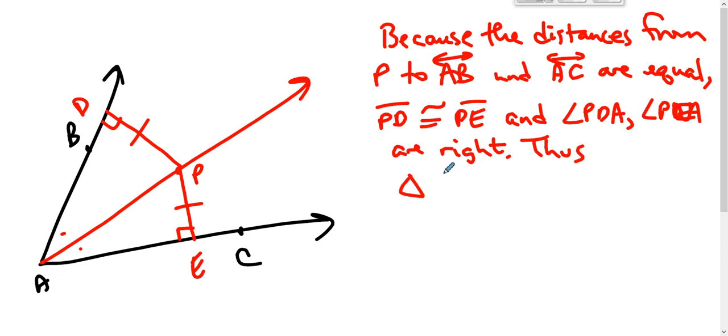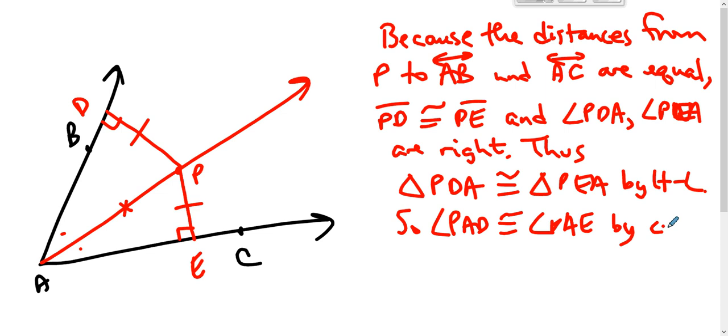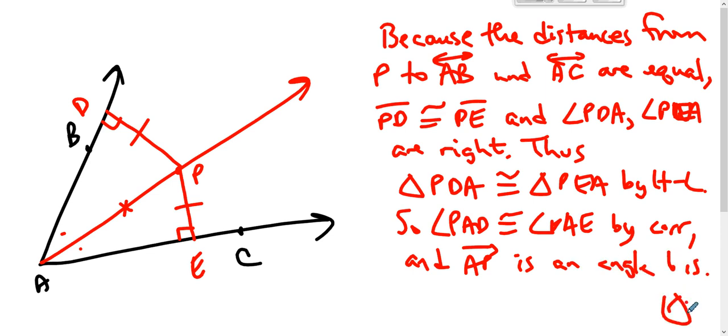Thus, triangle PDA is congruent to triangle PEA by hypotenuse leg. So angle PAD is congruent to angle PAE by correspondence, and AP is an angle bisector. Done.